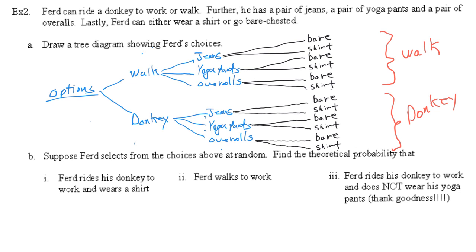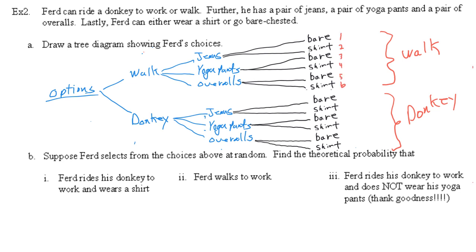Now, if I wanted to figure out the theoretical probability, which the second question of this problem is asking us to do, one of the things that we need to know is how many possibilities there are. And you can actually do that by just reading and counting the number of endpoints on the leaves of the tree that we have here, the end point of all our decision choices, okay? And you end up with something like this.